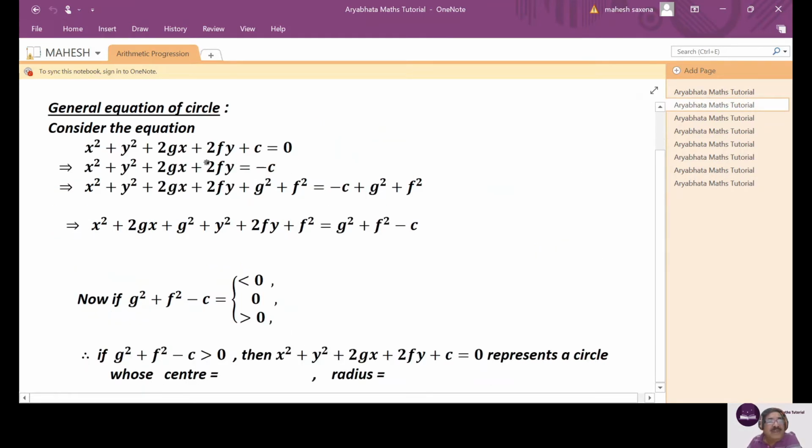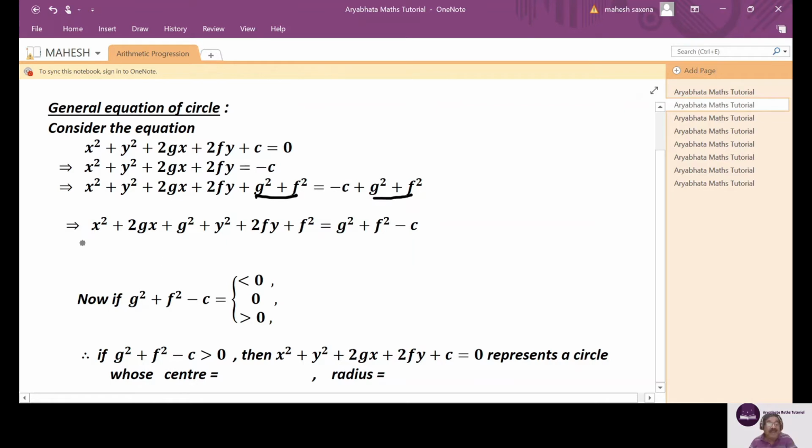Now we take a general equation x square plus y square plus 2gx plus 2fy plus c is equal to 0. This equation can be written as x square plus y square plus 2gx plus 2fy is equal to minus c. Now we are adding g square plus f square on both sides of the equation.